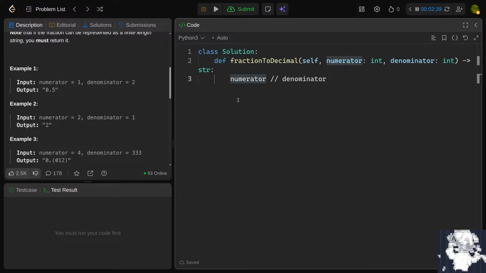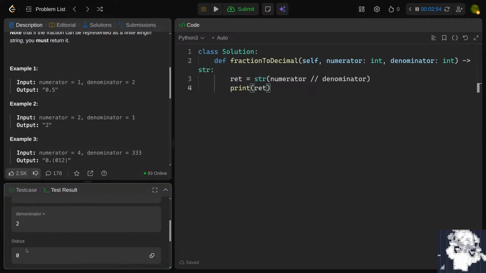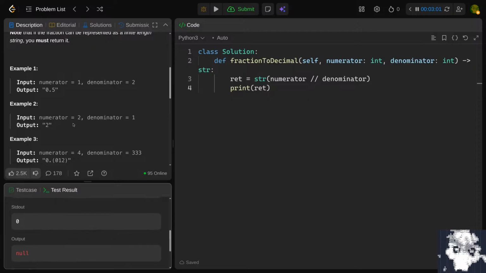So the string starts as this. That's going to be the part before the decimal. So 0, 2, 0. Then can we figure out how to do the part after the decimal without looking up long division?